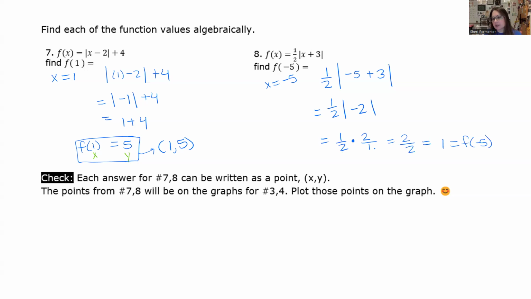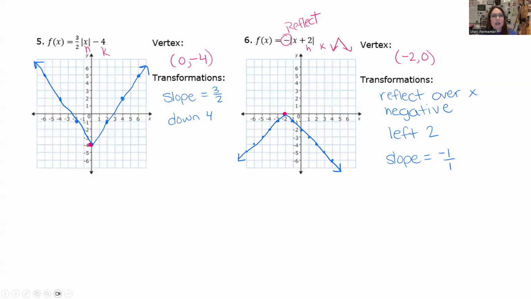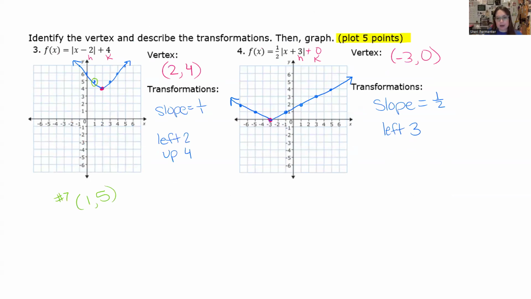So this is f of -5. This is my answer. And this represents my x value and my y value. So I have this coordinate -5, 1, and I already discovered that that is on my graph. I could go back to my graph and plot that point, or I could identify it.